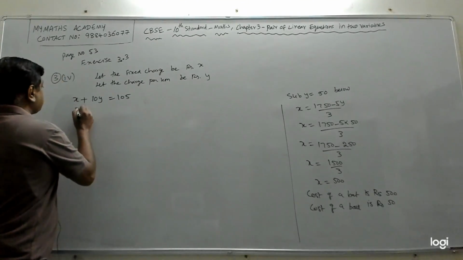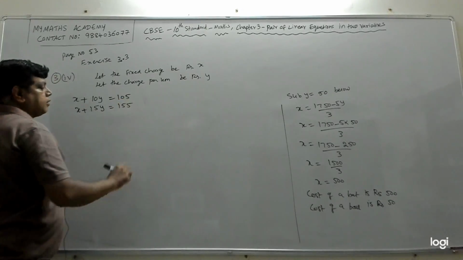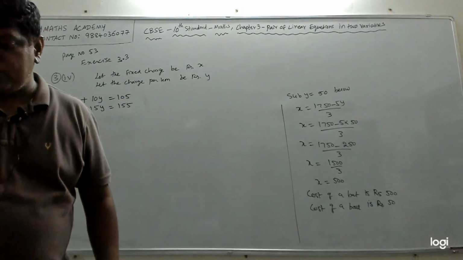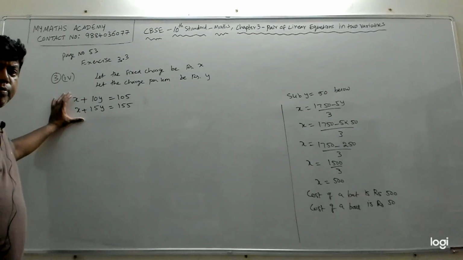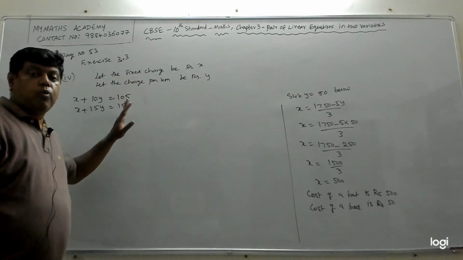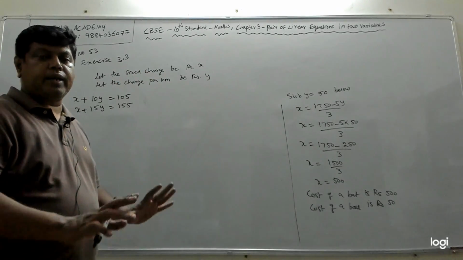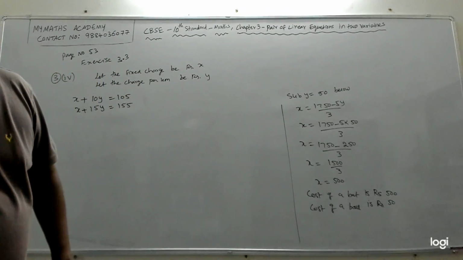So X plus 15Y is equal to 155. Now we need to solve these equations using the substitution method and find the values of X and Y. Then we'll know what the fixed charge is and what the charge per kilometer is that the taxi driver is charging.